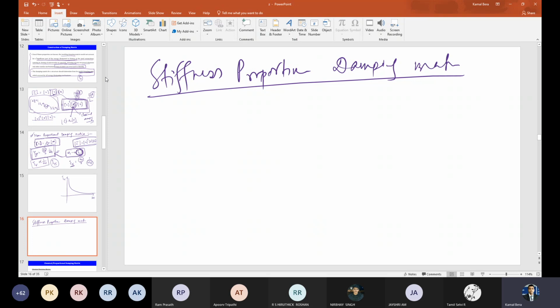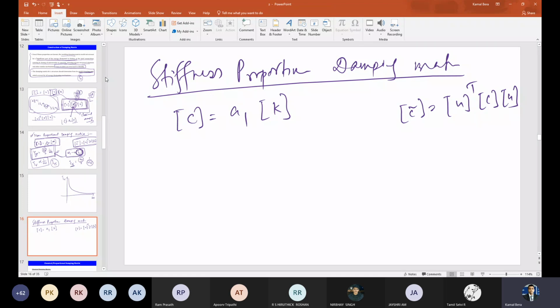Okay, so in this case, C equals A1, let's say, into K. Correct? Okay. Again, my C tilde is U transpose C into U. Now quickly tell me what is zeta r? A1 omega r by 2.